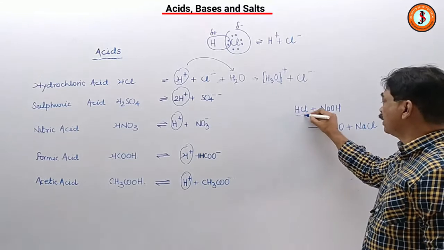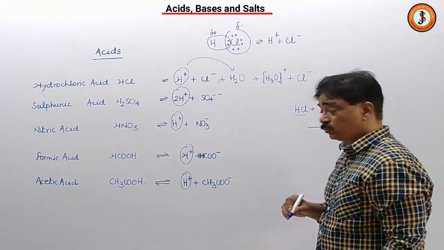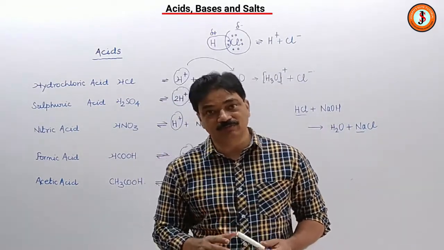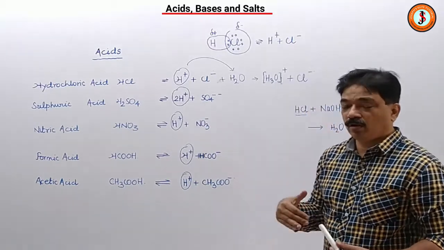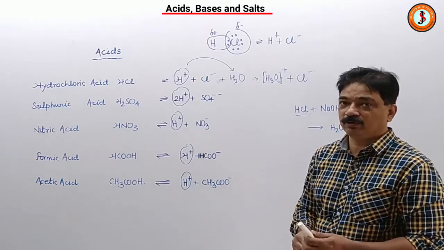So from here the hydrogen ion is replaced and sodium has come. So acids contain replaceable hydrogen ions in a solution. That is a very important definition or mechanism to understand about acids.